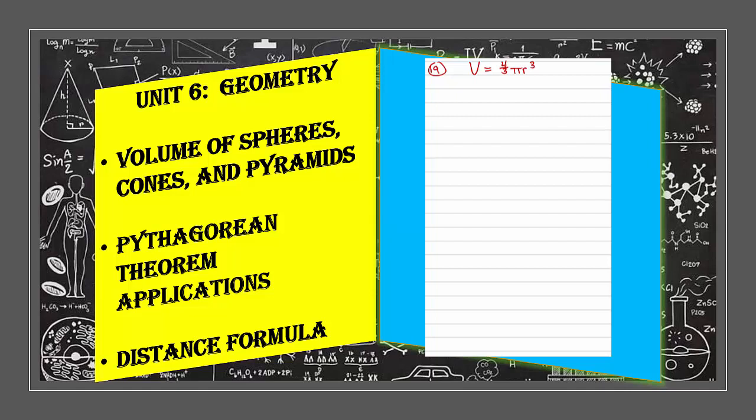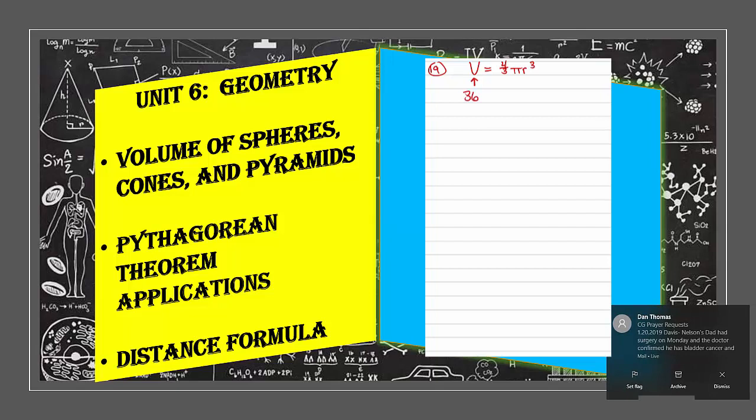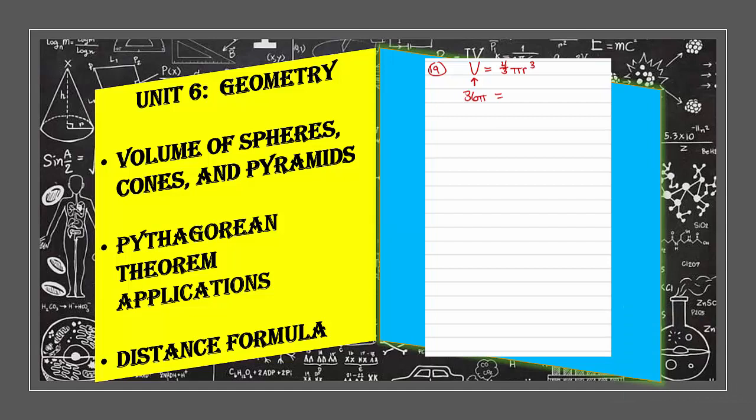So, we're looking for the radius, which means we know the volume. We know the value of V, which is volume, is to be 36 pi. And in order to identify the radius, we're simply going to utilize our formula as our given expression to help us solve for our radius.